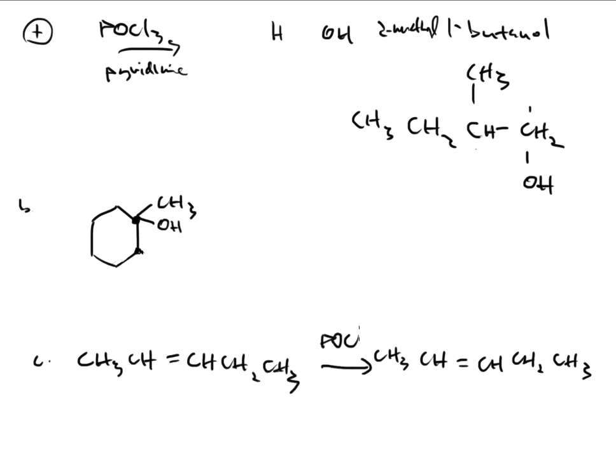So POCl3 and pyridine. So here at the double bond, I'm going to have to erase that double bond. 2 sites of attachment here and here. And I'm going to have to figure out where is the best spot for the OH group. That's what this question wants. Do I put it to the left or do I put it to the right-hand side?